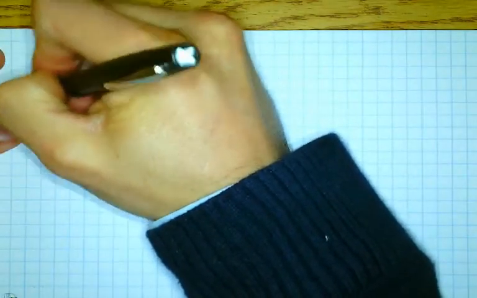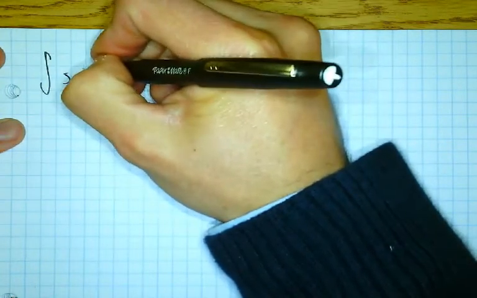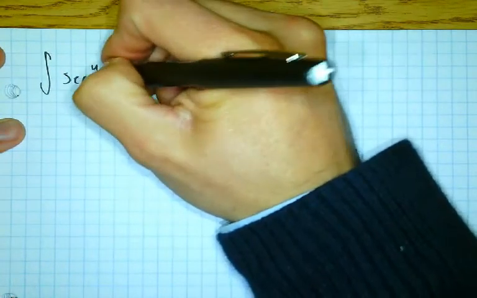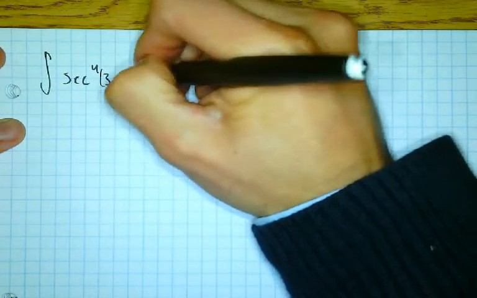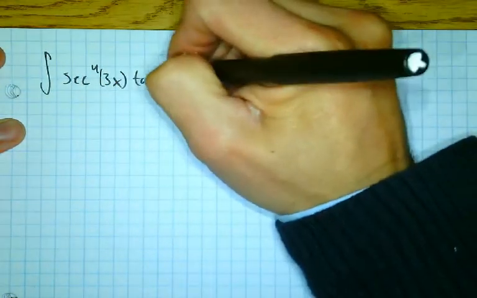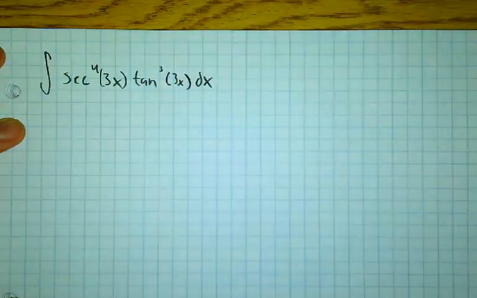So, let's do our first example for this. Let's do an integral of secant to the power of 4, 3x, tangent to the power of 3, 3x dx.